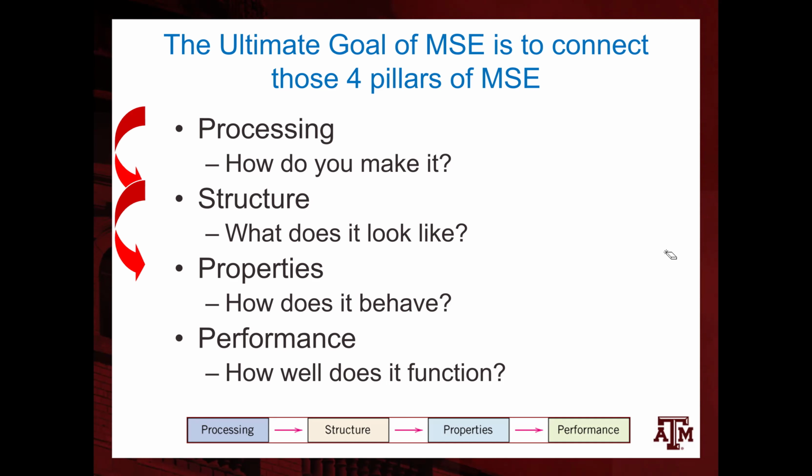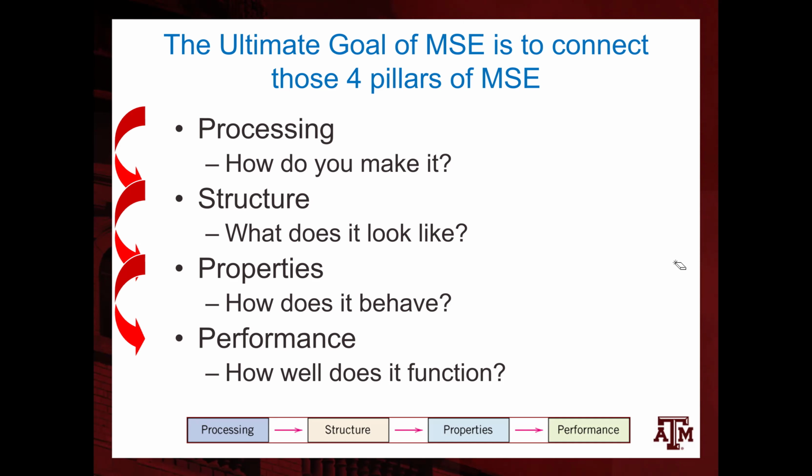And if we look at them from top to bottom here on that slide, that's the scientific way of looking at things, right? From the structure all the way to the properties and performance.